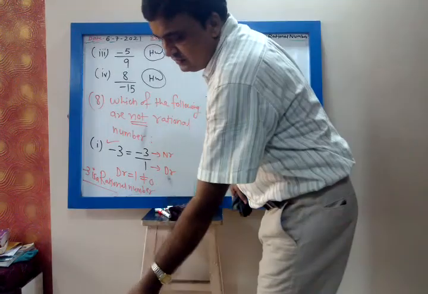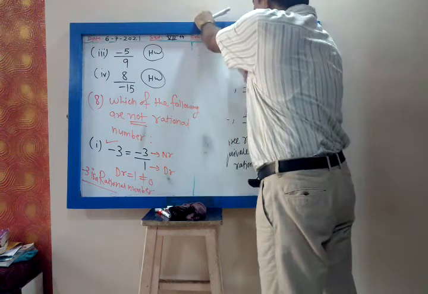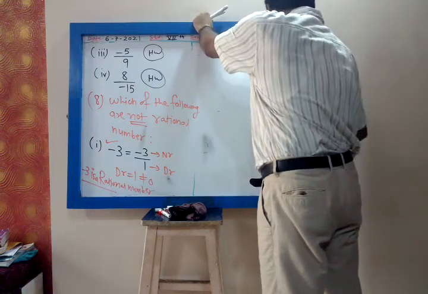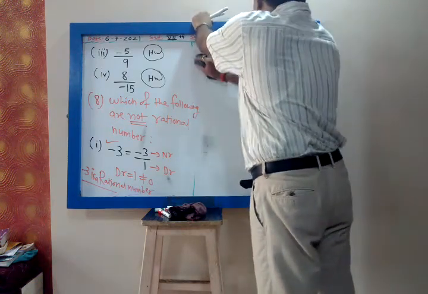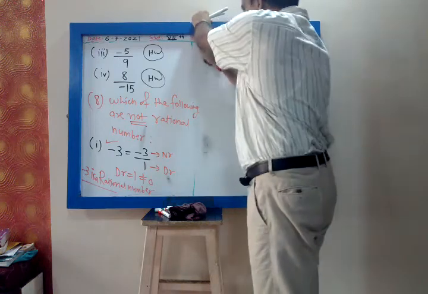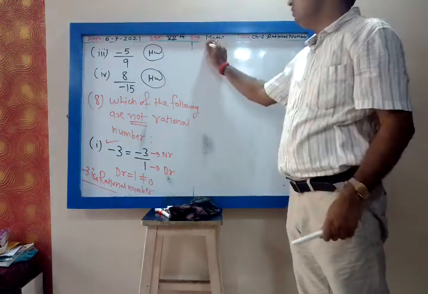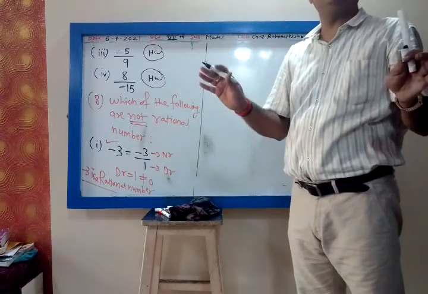Let us check the others. Second, so two things you have to check in a rational number. You have to write it in the form of numerator upon denominator and check whether the denominator is non-zero. Denominator of a rational number should not be equal to 0.